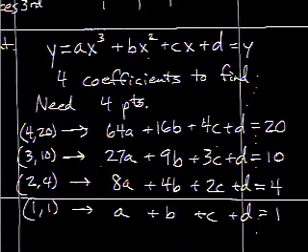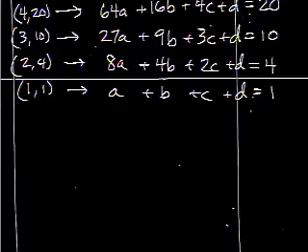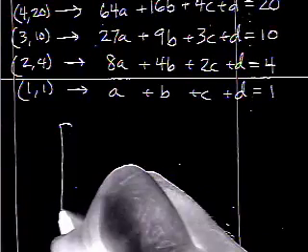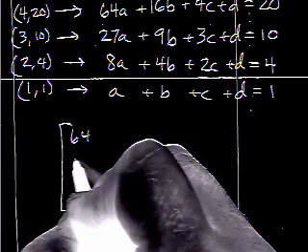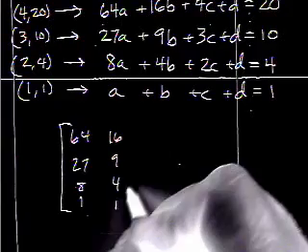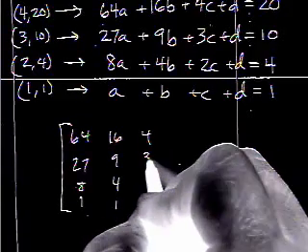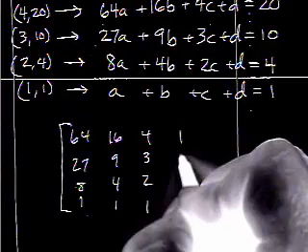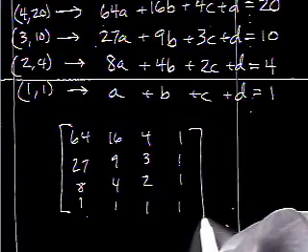How do you think I'm going to solve this thing? That's right, folks, matrices. So I got 64, 27, 8, and 1, 16, 9, 4, and 1, 4, 3, 2, 1, 1, 1, 1, 1.